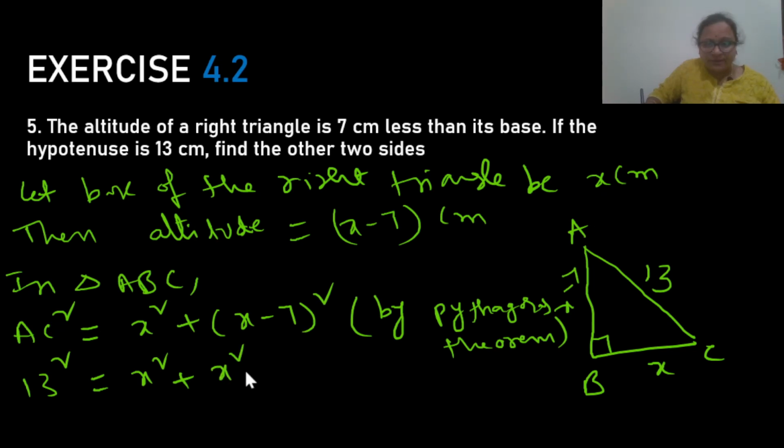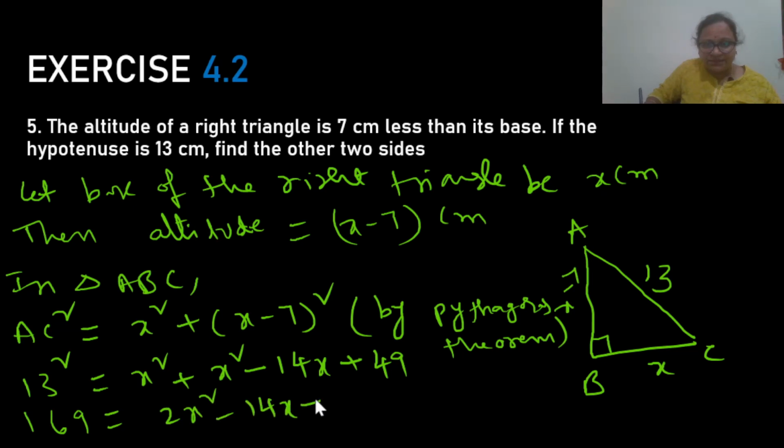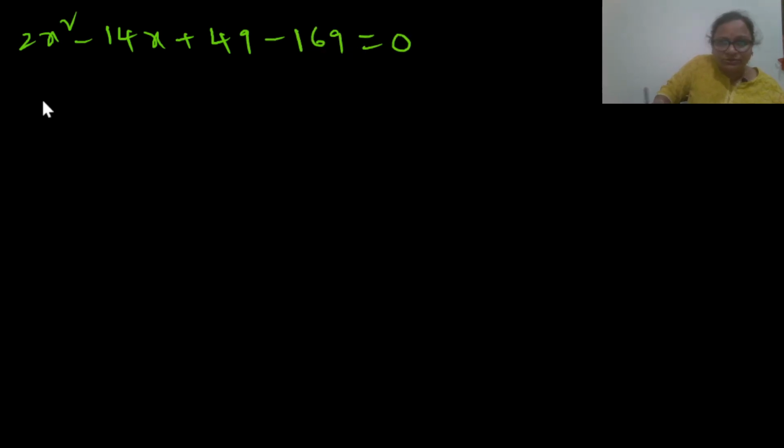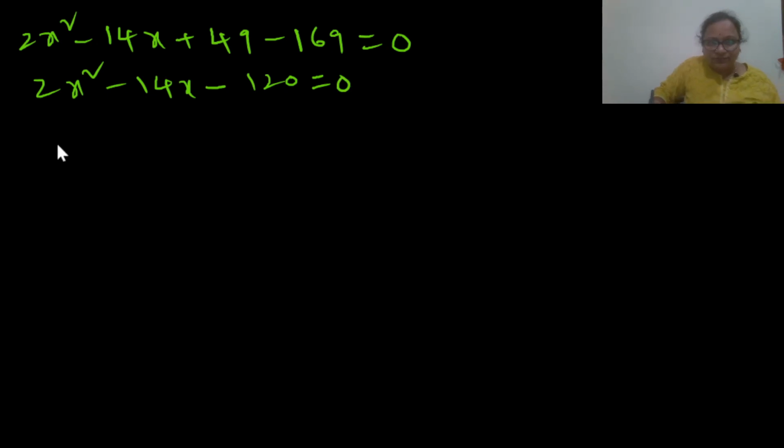x square minus 14x plus 49. So 169 is equal to 2x square minus 14x plus 49. 2x square minus 14x plus 49 minus 169 is equal to 0. 2x square minus 14x minus 120 is equal to 0.